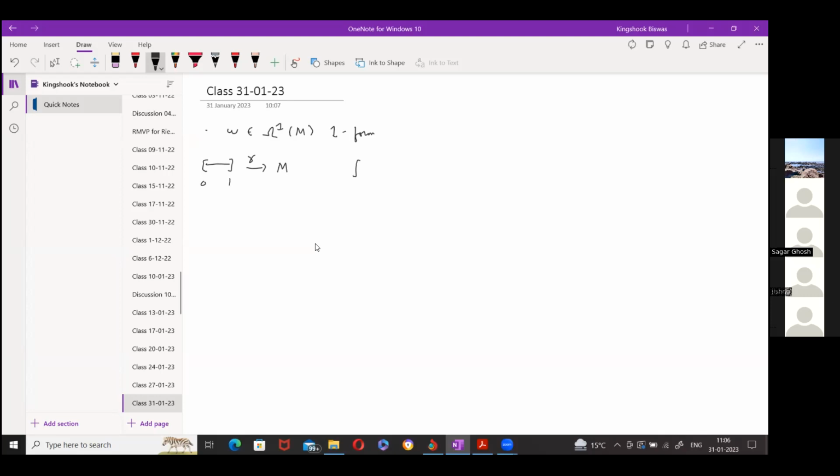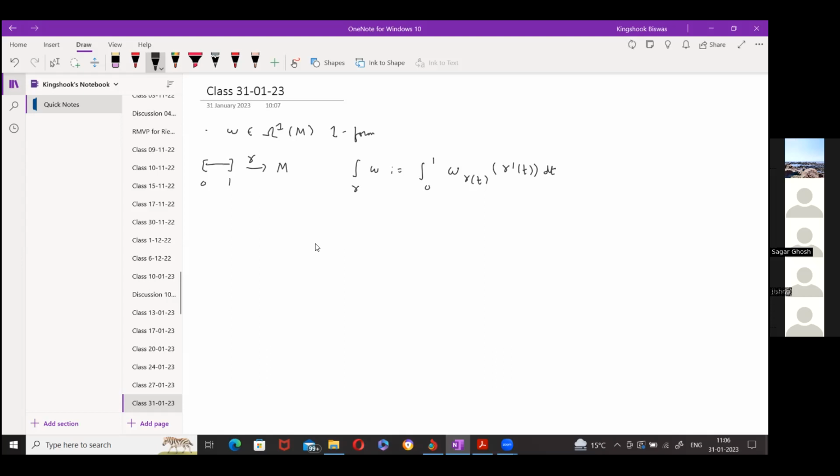So the integral of omega over gamma was defined to be the integral of the following function. At each point t, you look at the tangent vector to the curve, gamma prime t, and so omega can act on that tangent vector since it's a linear functional on each tangent space. So you look at omega at gamma t acting on the tangent vector gamma prime t. This gives you a function of t. You integrate that from 0 to 1.